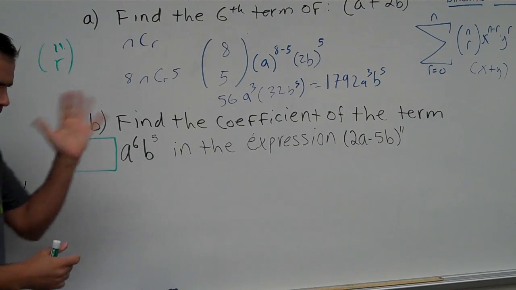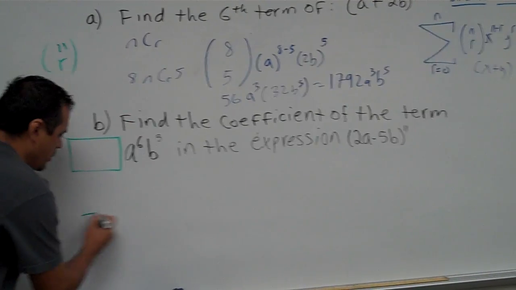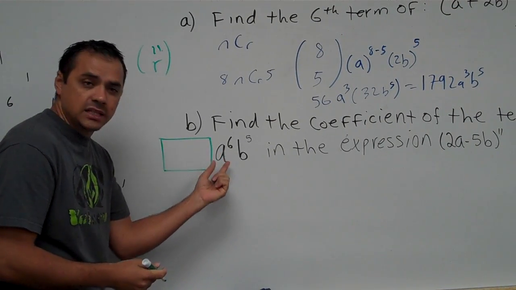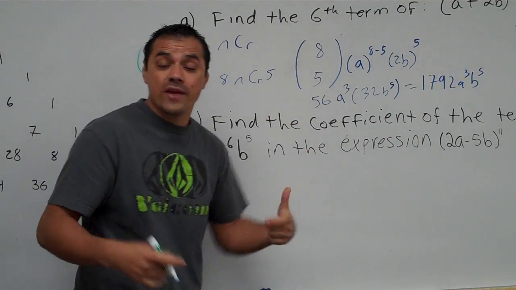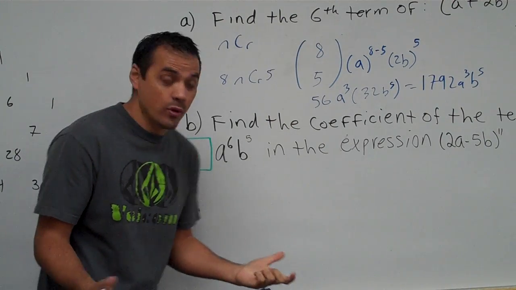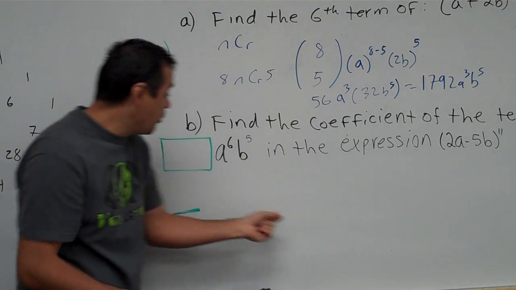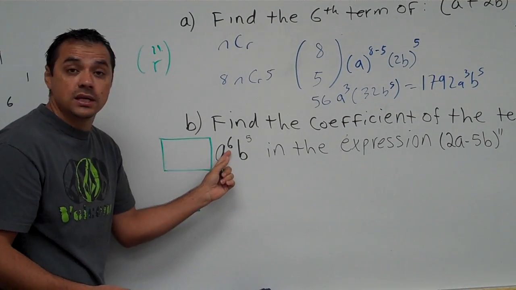So let's think about it. We started with 11, and since this is a 6, we're counting down all the way from 11. Let me write them out as we go, and then we'll figure out what term gets us here.